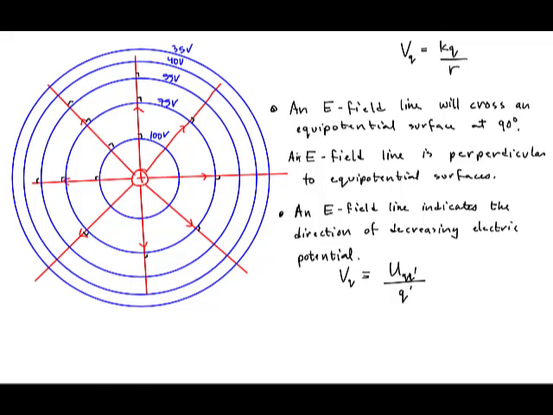So when we say that an E field indicates the direction of decreasing electric potential, we could equivalently say it indicates the direction of decreasing electric potential energy. So I'll just say in parentheses, or potential energy.